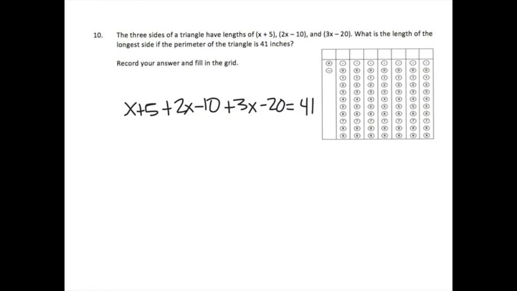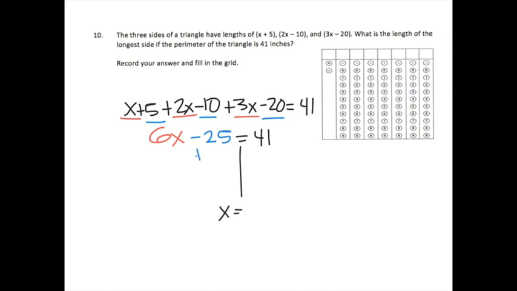Then we need to do like terms. So x plus 2x is 3x plus 3x is 6x. Then 5 minus 10 is negative 5. Minus 20, negative 25 equals 41. And now we solve for x.